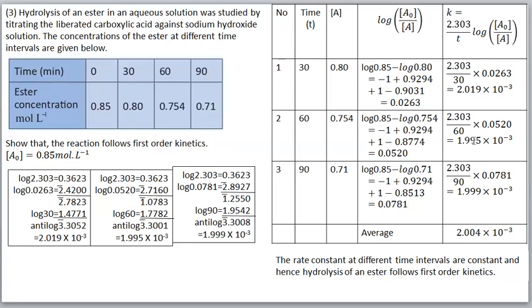You see these two values are very close. So since the values are very close to each other, we can say the rate constant is the same, identical. So it follows first order kinetics. The rate constant at different time intervals is constant, and hence hydrolysis of an ester follows first order kinetics.